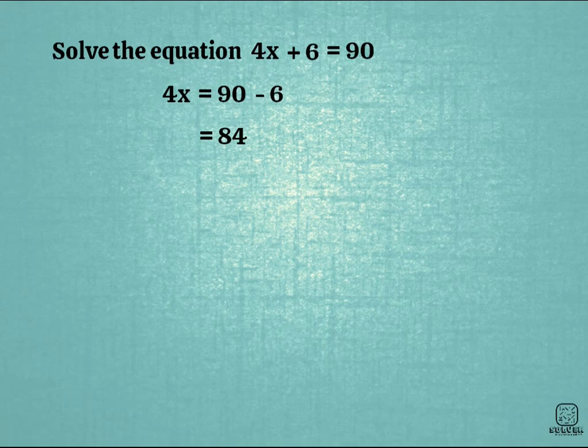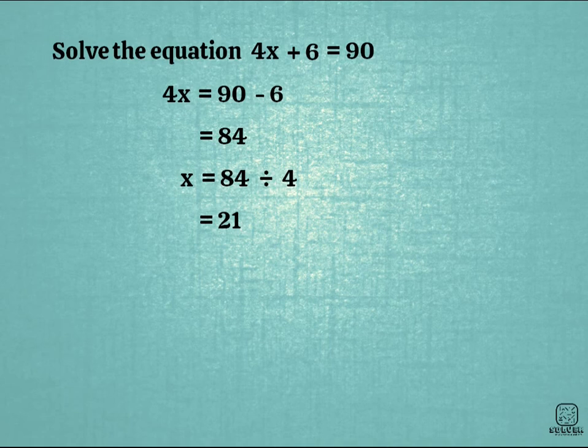Now we need to find the value of x. 4 we are multiplying on the left side. So when we bring it to the right side of the equal sign, it will become division. So x equal to 84 divided by 4 equal to 21. We got the value of x. That means the first number is 21. What is our question?